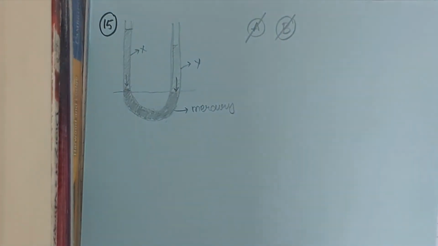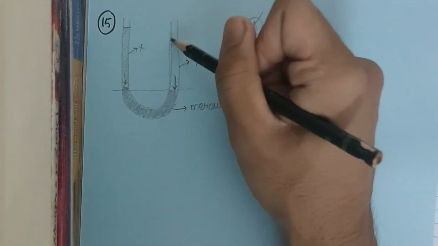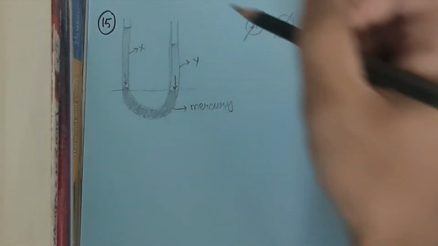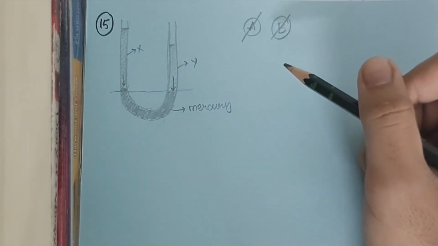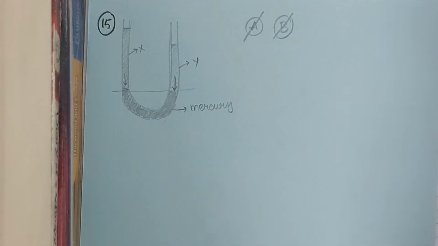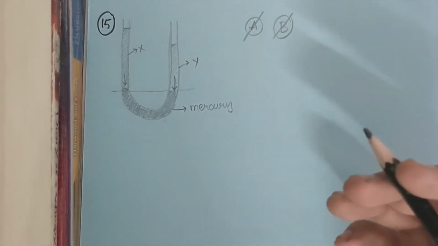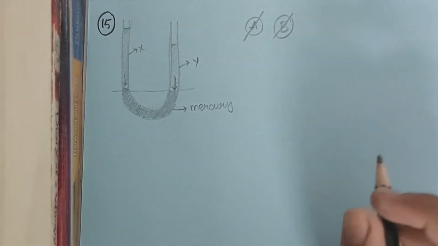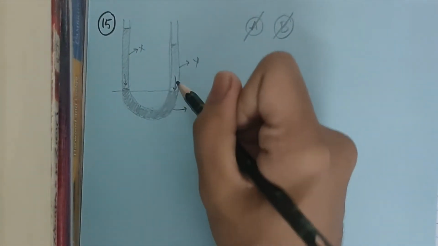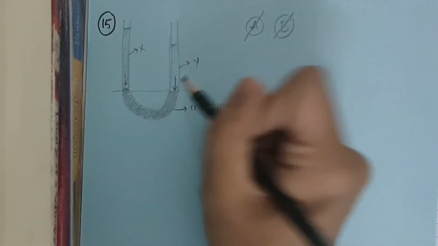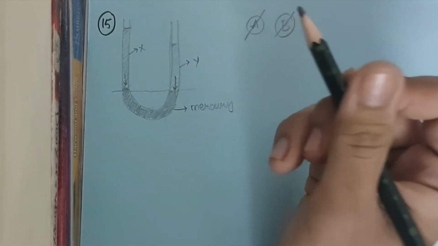I'll provide one more reasoning for it. We can see that there is a different height for these liquids. That means they have a different volume. One thing that might be of confusion to some people is that if they have different height, how can they exert different pressure? The point is, we know very well that the force they exert over here is the same.